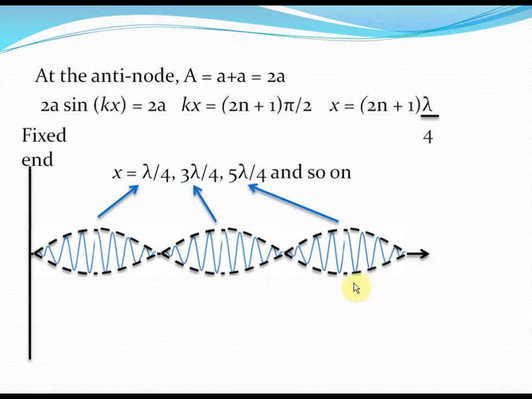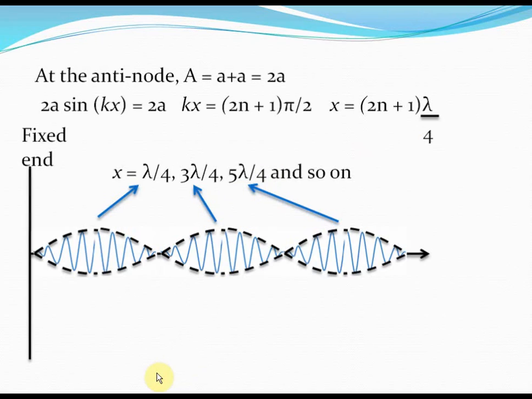Do note, however, that these values of x are not standard values. Similarly, the values of the node that we mentioned were not standard values. So not all stationary waves have x equal to (2n plus 1) lambda by 4 as an antinode. What we have derived is simply true for the stationary waves which are formed by the reflection of the wave y equal to a sin(omega t minus kx) from a rigid medium.